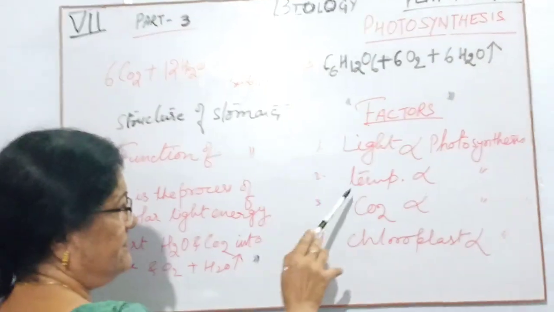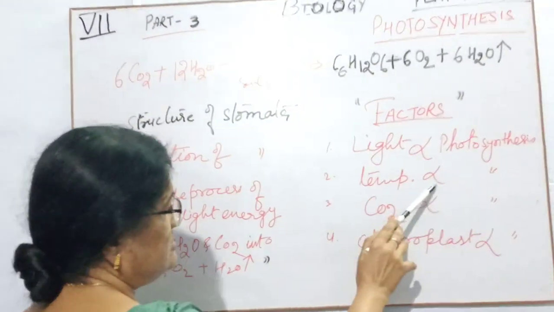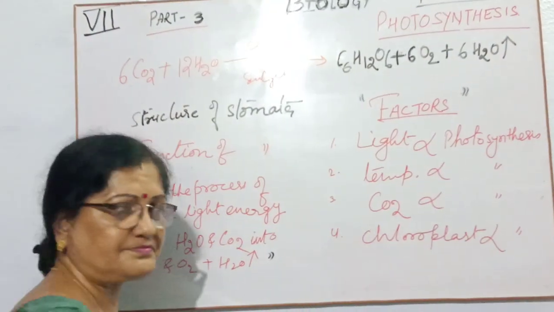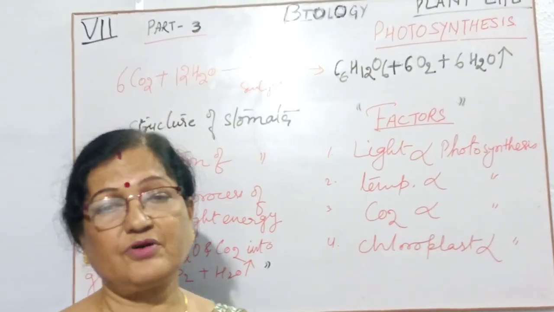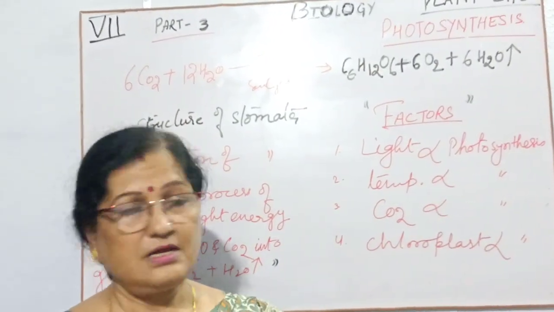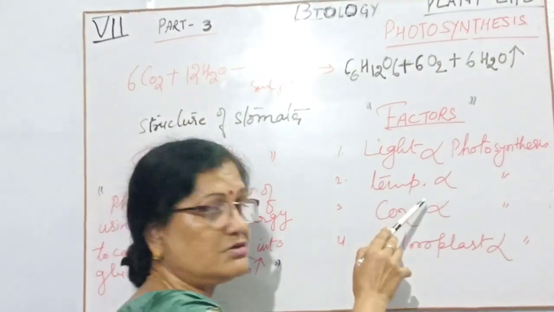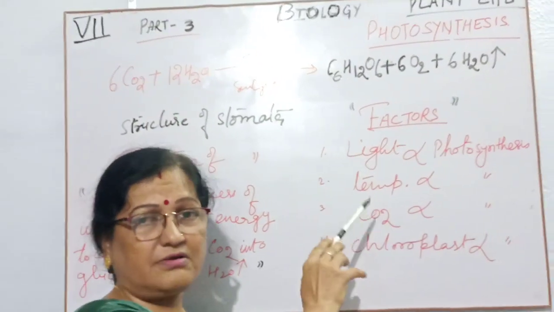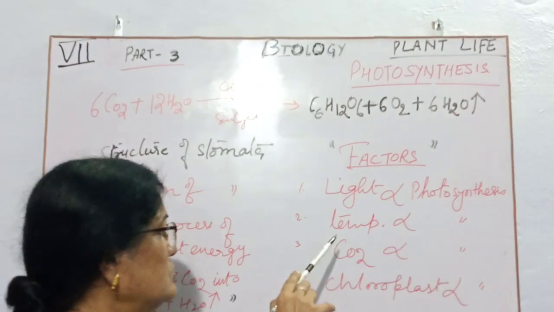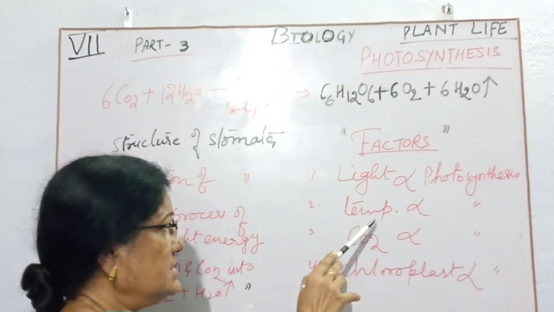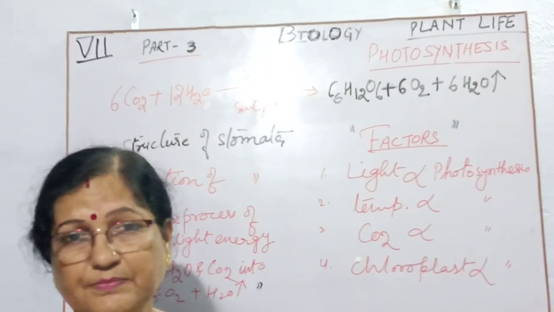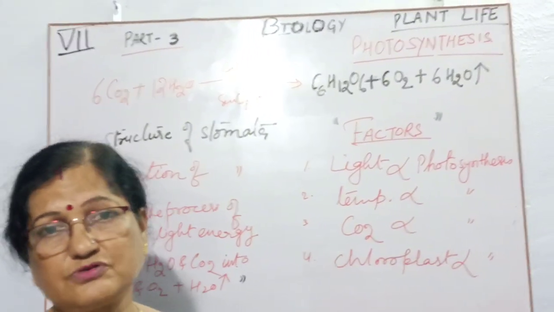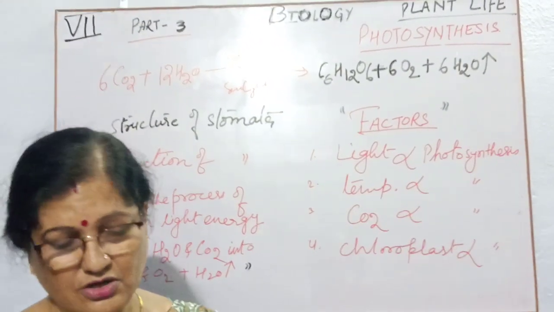Next, temperature. Temperature is also directly proportional to photosynthesis. From morning to noon and from noon to evening, temperature does not remain constant. So as temperature increases, the rate of photosynthesis also increases.